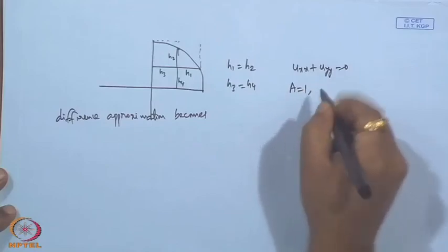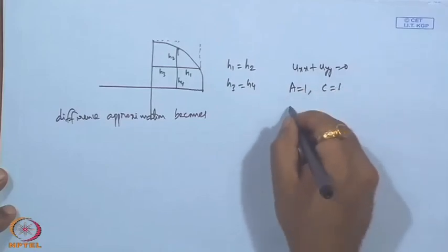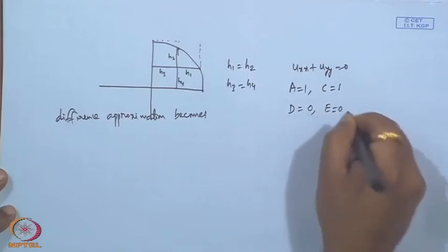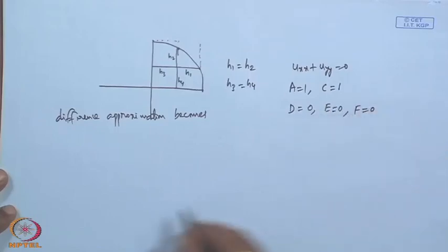So, this suggests a is 1, c is 1 and d is 0, e is 0 and f is 0.